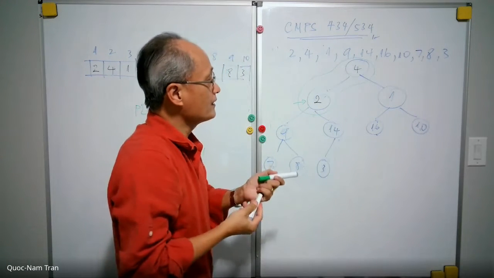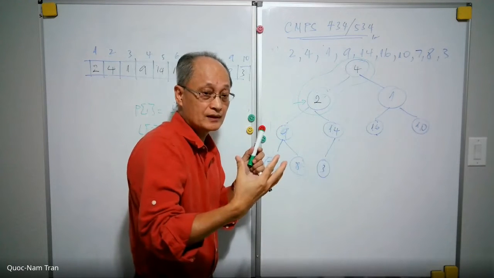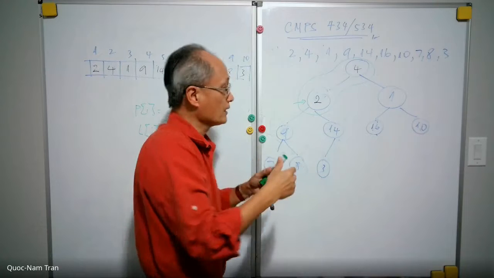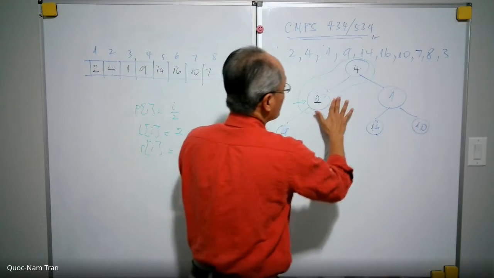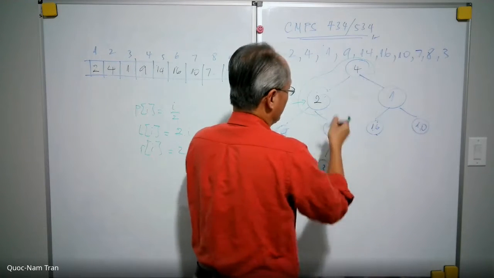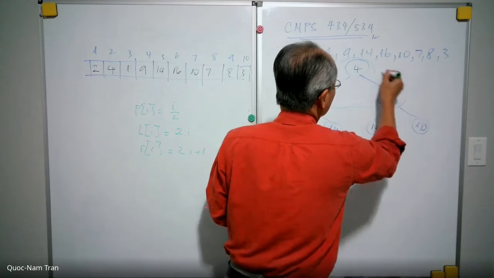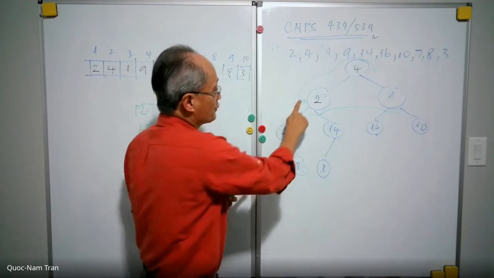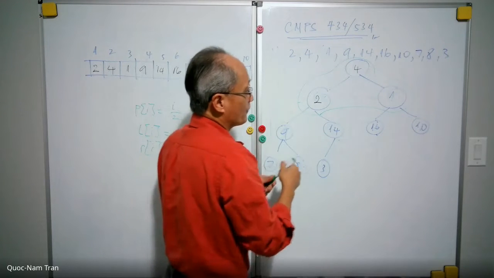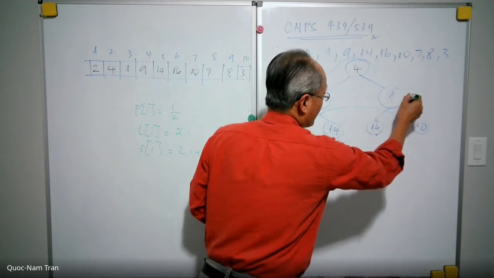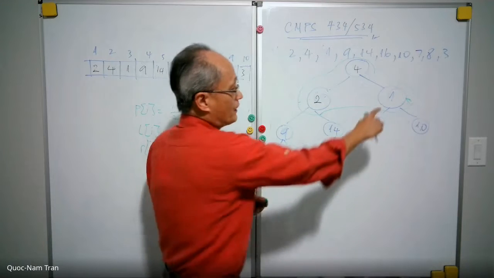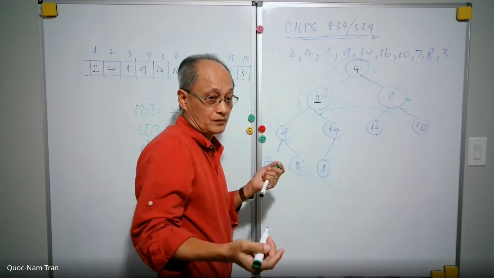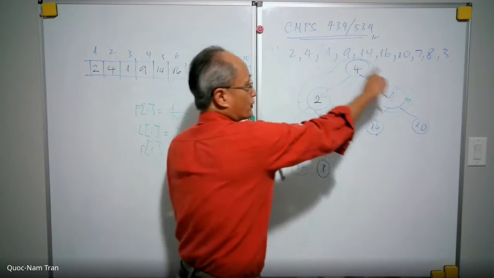So next thing, we will try to consider a bigger subtree that has one more node. So in other words, we will try to consider this subtree. Okay, so this subtree, now we are looking at the new node. This one is smaller than the parent, so we are done for this subtree.